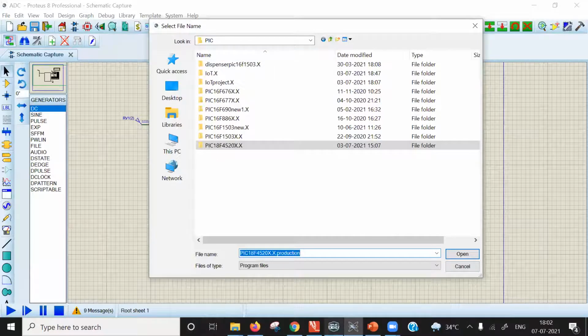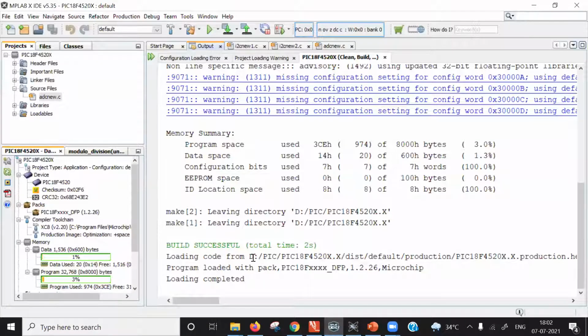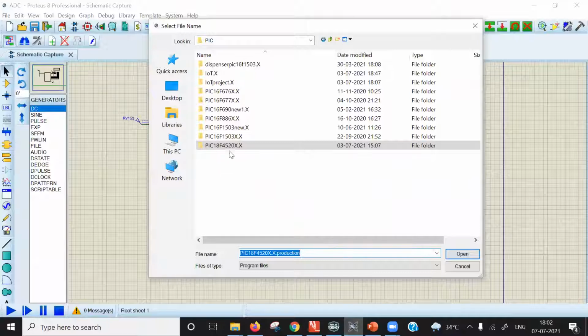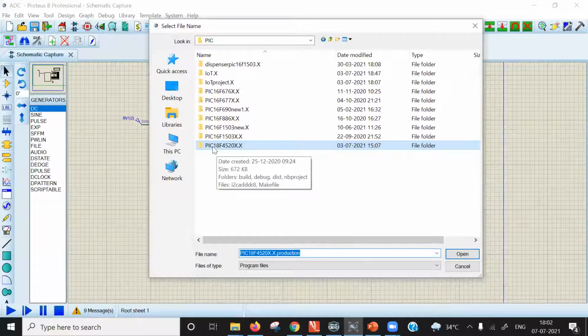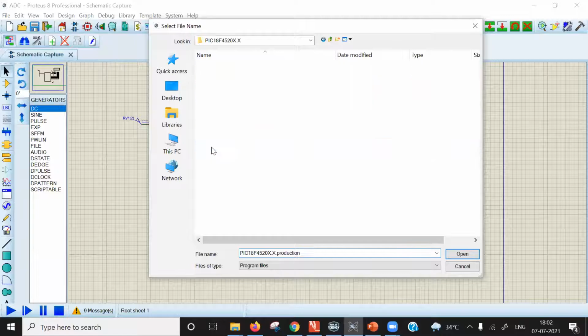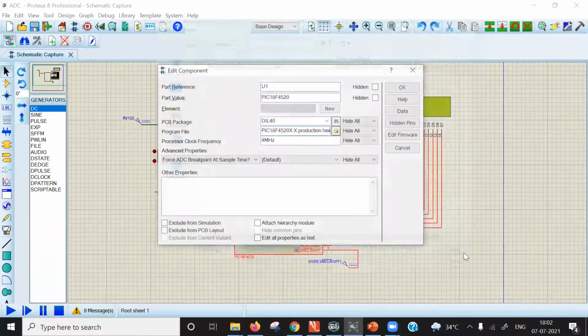We will check the address, PIC 18F4520. Okay, this is the project. So you have to select that project file directory. Okay, this is the file. Just double click, go to default and production. Select this file.